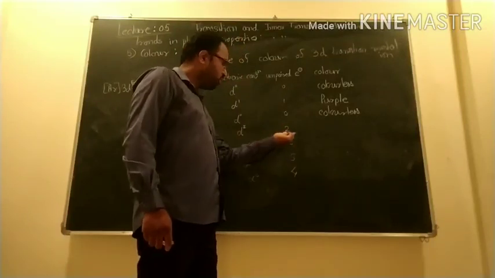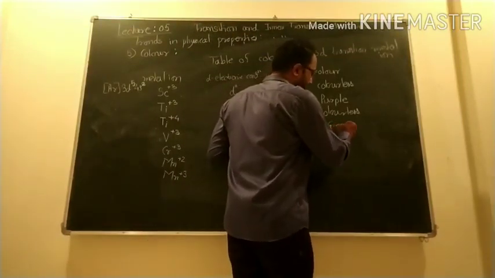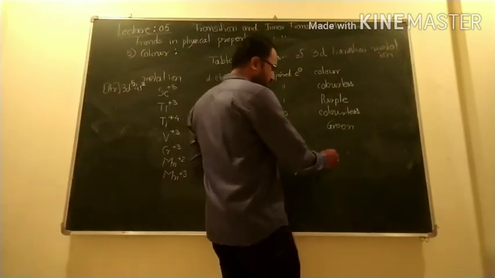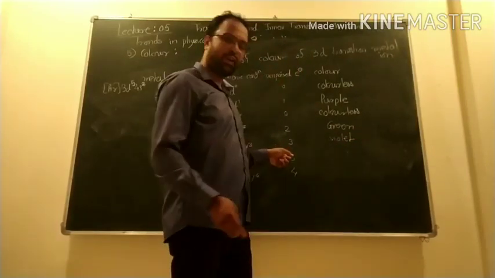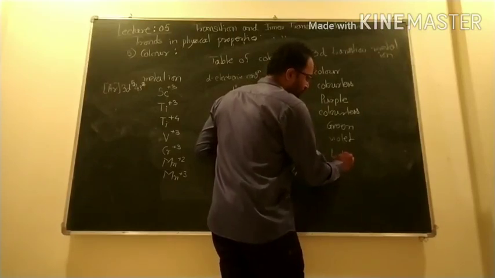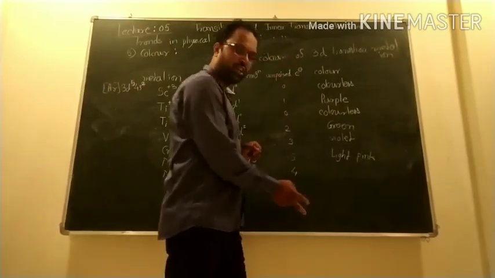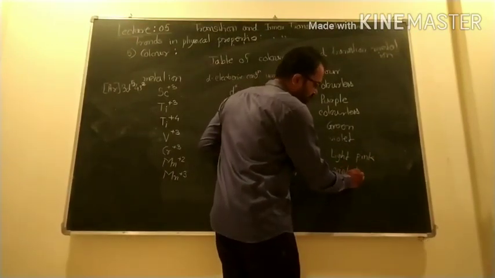For the d2 case, that means 2 electrons, it is green. For 3 electrons, it is violet. For 5 electrons, it is light pink. And again for 4 electrons, it is also violet.